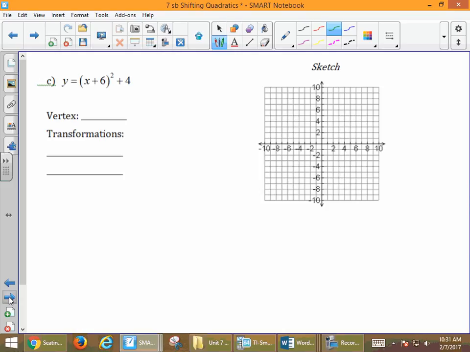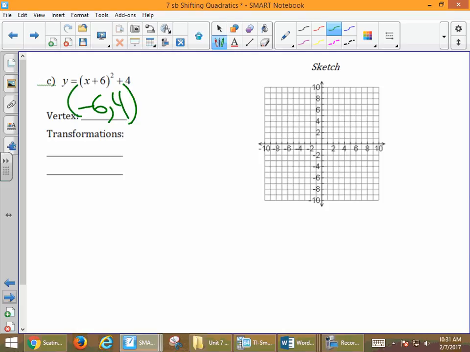Alright. So example number C, once again, what is the vertex from our vertex form? Derek, do you know? Okay. Oscar? -6, 4.